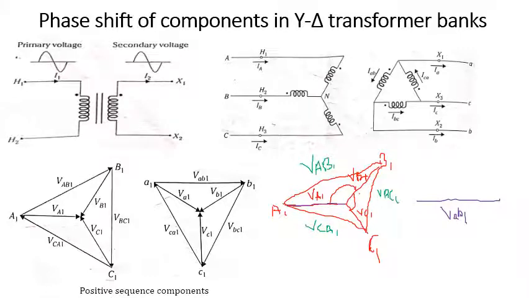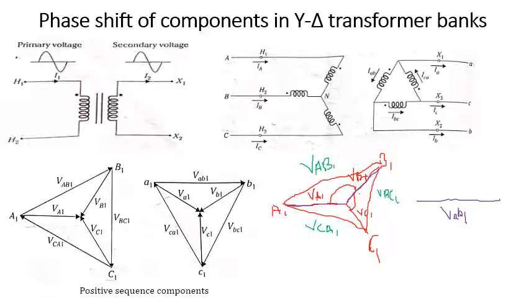Next, the angle made by VB1 is the same as VBC1.